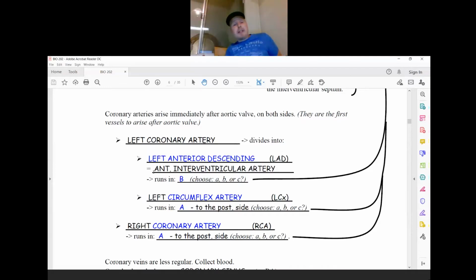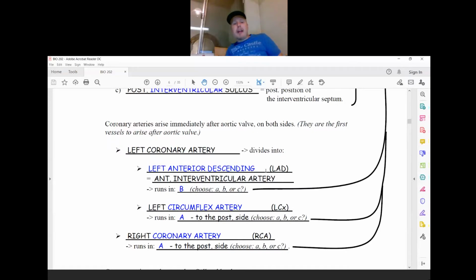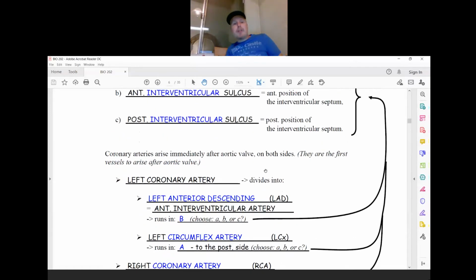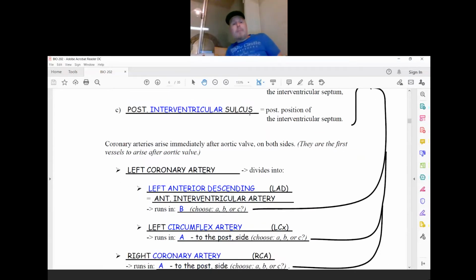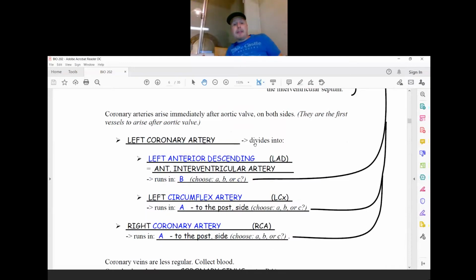In anatomical textbooks, this is often referred to as anterior interventricular artery. So it kind of makes sense that anterior interventricular artery would run in anterior interventricular sulcus. So both of these terms you might end up seeing.